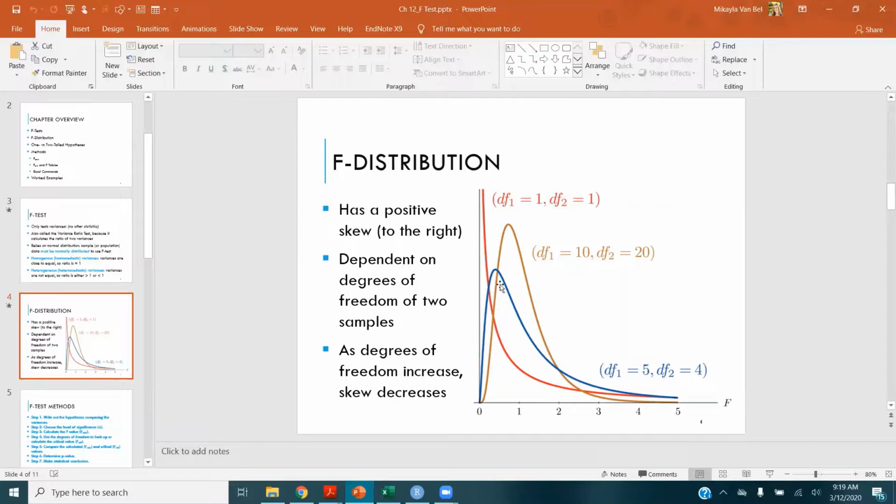The next one we can look at is this blue one, which increases the degrees of freedom to 5 and 4. And then the final one, this kind of gold one, the degrees of freedom are both 10 and 20. So the skew is pulled a little bit out here and the shape greatly changes. And we'll see how that affects the critical values in just a second.